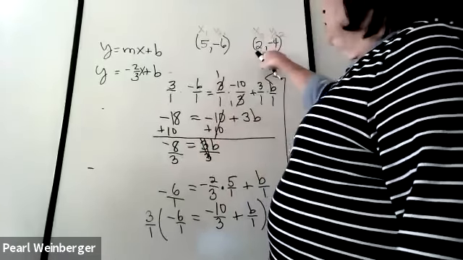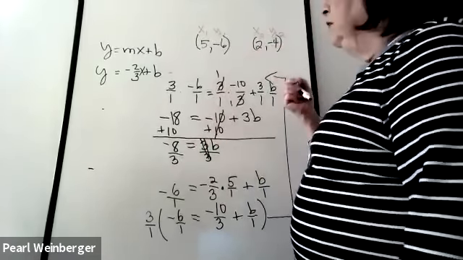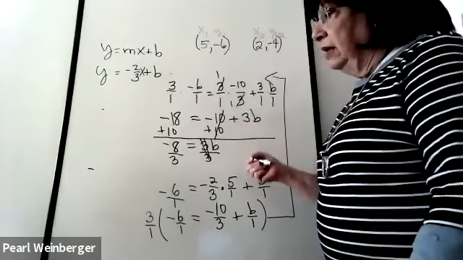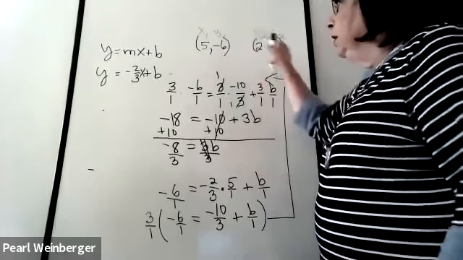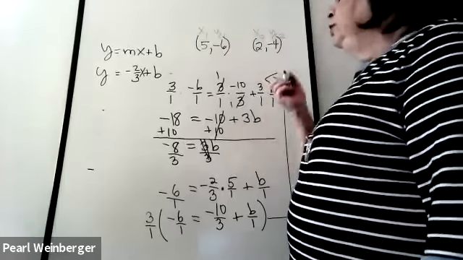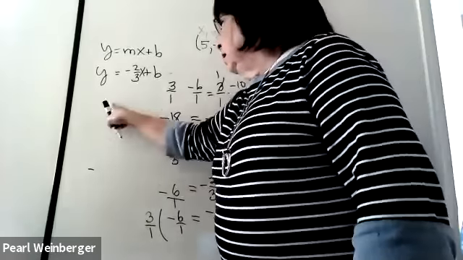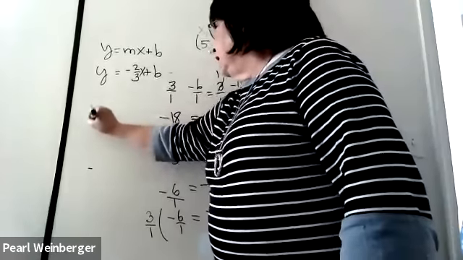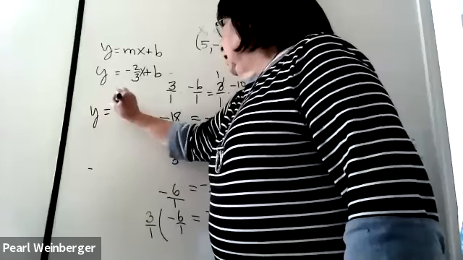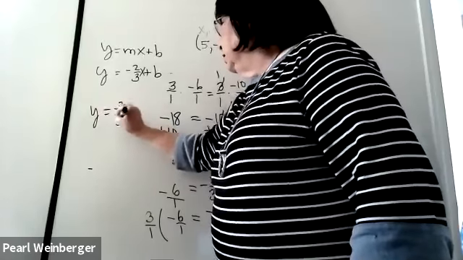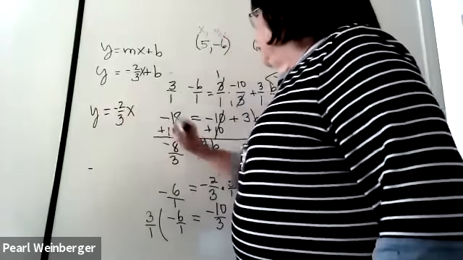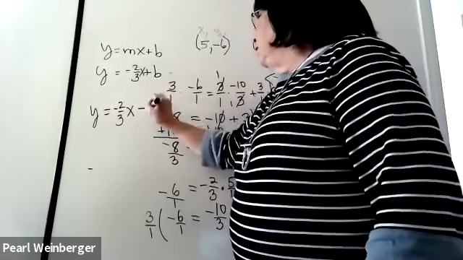If I had used the point 2, negative 4, I would have gotten the exact same answer. It doesn't matter which point you use. So the equation of my line is y equals negative 2/3 x, and my b is minus 8 over 3.